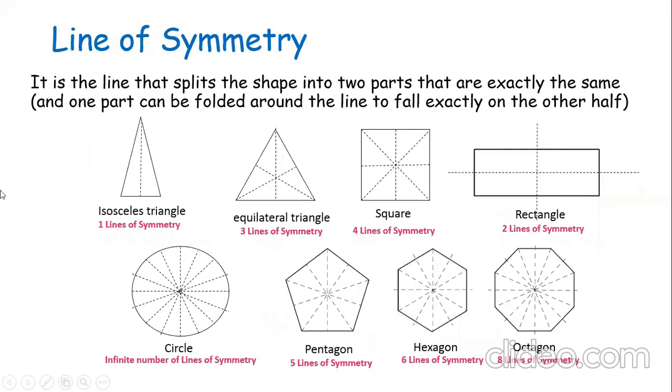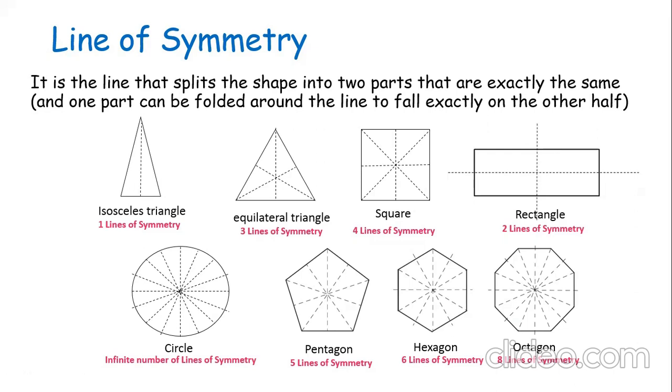So now we define the concept of line of symmetry, and actually we have already spoken about it in the previous slide, but we will emphasize the concept further. It's the line that splits the shape into two parts that are exactly the same, and one part can be folded around the line to fall exactly on the other part.